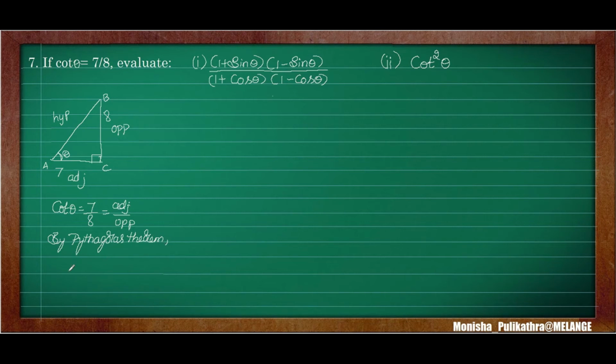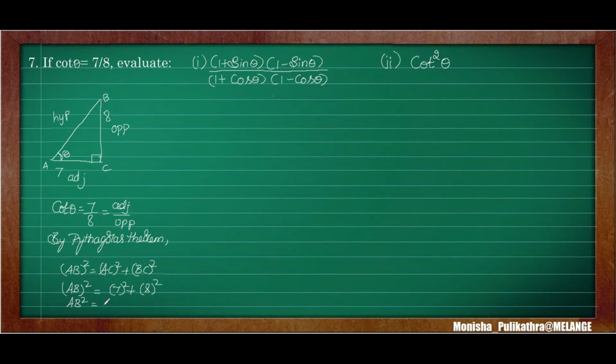So by Pythagoras theorem, hypotenuse square is equal to sum of the squares on other two sides. So AB square is equal to AC is 7 square plus BC is 8 square.